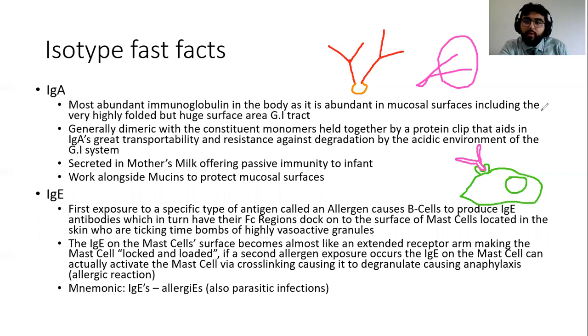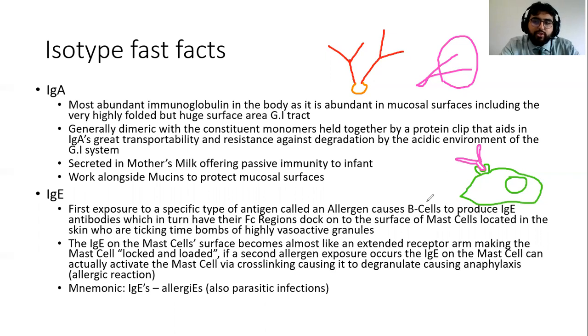And mind you, this antibody is still specific to the allergen, right? Because it was produced on the B cell, and that B cell recognized the allergen, and everything that comes out of the B cell recognizes the same thing. But essentially, I call this position locked and loaded. So you have the mast cell that has the IgE antibody.